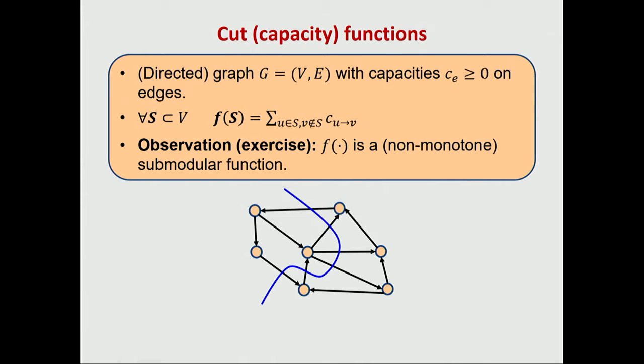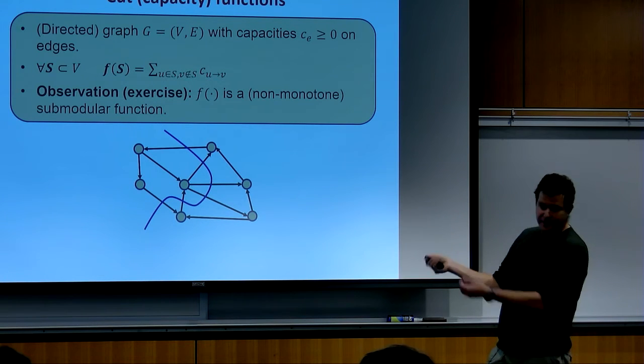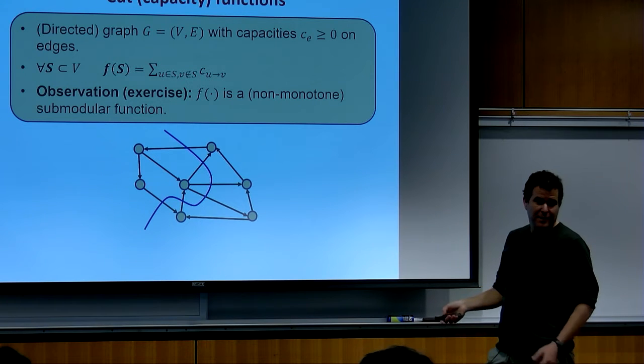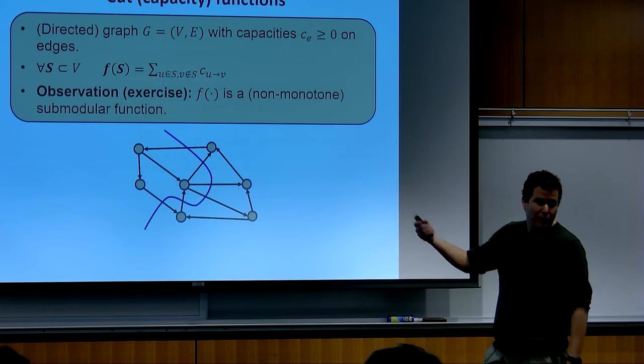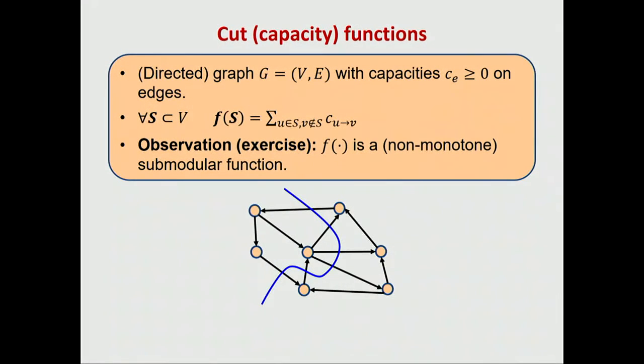It's not trivial, but you can check that this is indeed a submodular function, but it's non-monotone, because if you add another vertex, in particular if you add all vertices, then the cut decreases. So in some cases, adding more items decreases your function. This happens in the cut function.